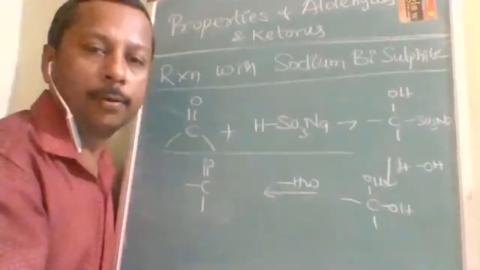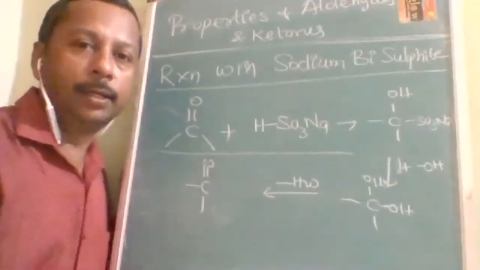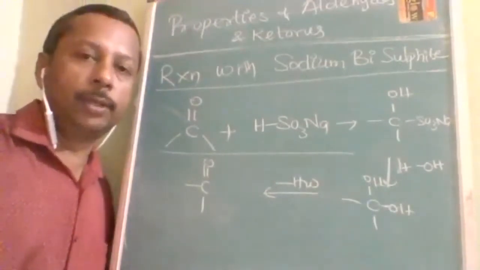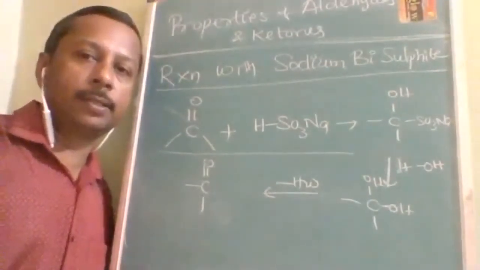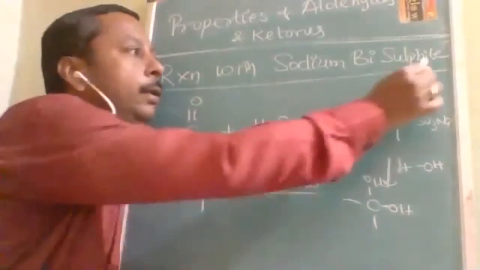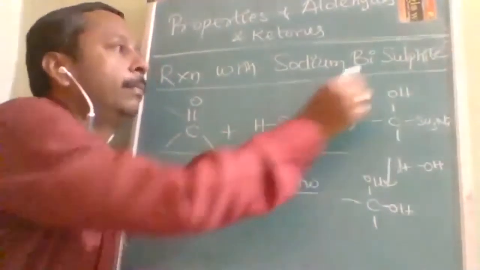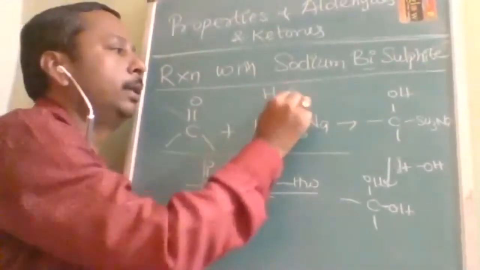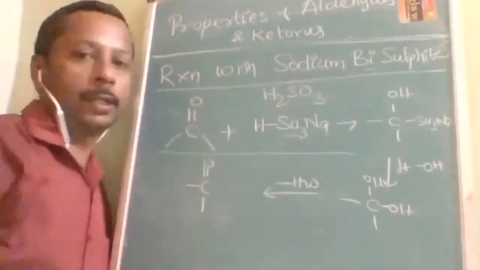Next part we are going to study is the reaction with sodium bisulfite, NaHSO3. The ite is SO3. Bi means one hydrogen is left over. It is basically derived from sulfurous acid.